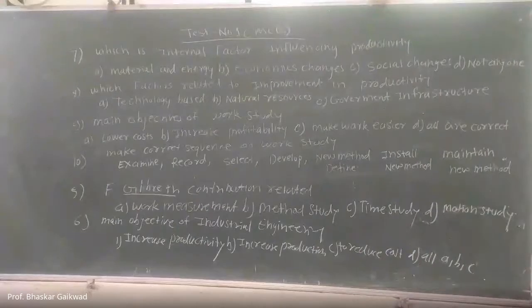Question number 10: make the correct sequence of work study. Which is the first word? What is the second word? Third, fourth, fifth, sixth, seventh, like this. So here, examine is the first word, record second, select third, develop fourth, define new methods fifth, install new methods and maintain new methods. So you can write the correct sequence.